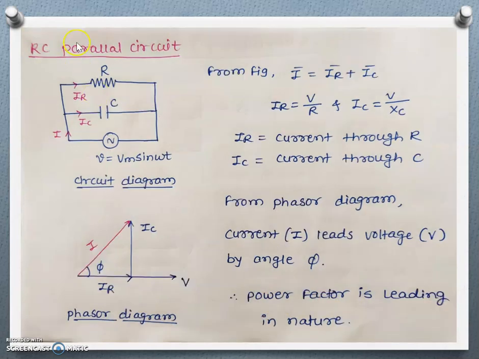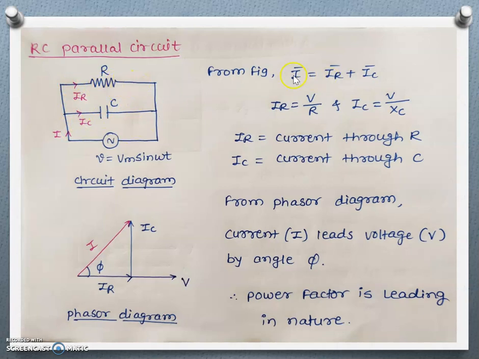The next circuit is the RC parallel circuit. This is the circuit diagram for the RC parallel circuit, where resistor R and capacitor C are in parallel, across which voltage V is applied, small v equals Vm sin omega t. This is the total circuit current I, IC is the current through the capacitor, and IR is the current through the resistor.